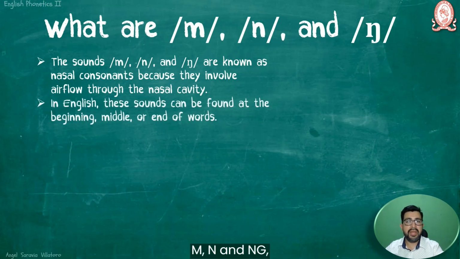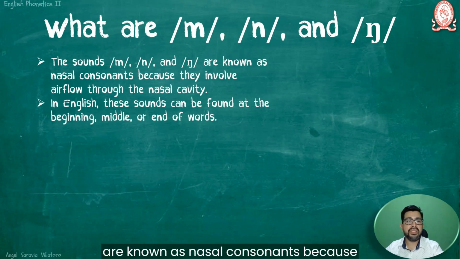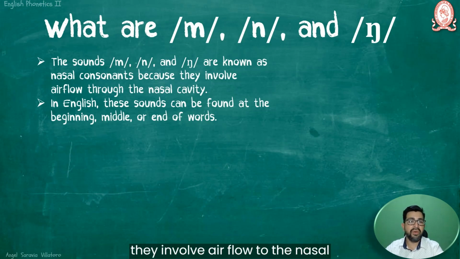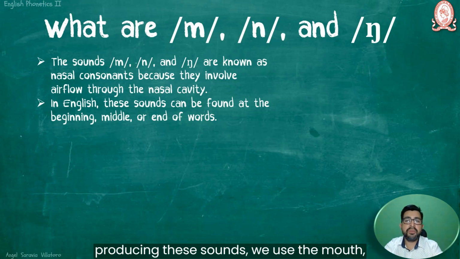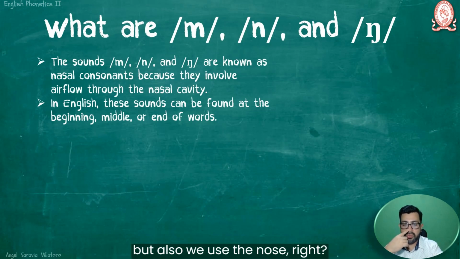The sounds M, N, and NG are known as nasal consonants because they involve airflow through the nasal cavity. That means that when we're producing these sounds, we use the mouth, but we also use the nose, right?